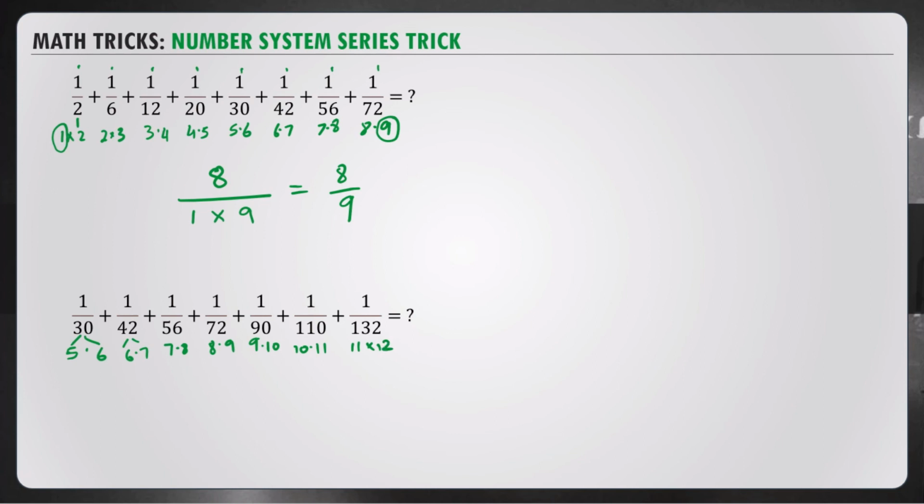Let's see how many numbers we have here. 1, 2, 3, 4, 5, 6, 7. 7 number of elements. Divide by the first number, which was 5, into the last number, which is 12, and we get 7 over 60 as your answer.